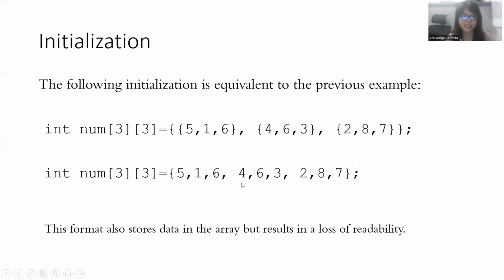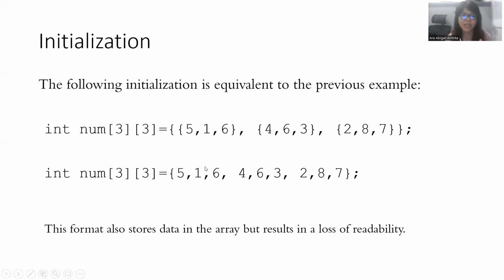What happened is that we have removed the braces. So how is this possible? We know that the second dimension is 3. That means that each row will have 3 columns.